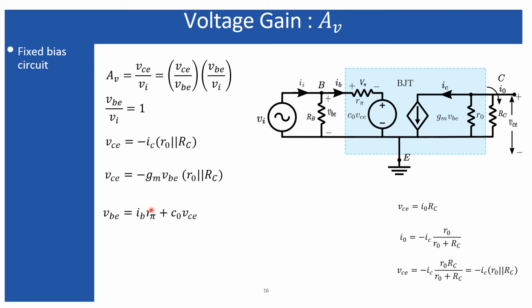So these two terms will be included as VBE. And next, what is our purpose? Our purpose is to find the ratio VC to VBE. So since the VC exists in both of these output side and input side, just replace the VC from here to here. You can do the opposite one also.